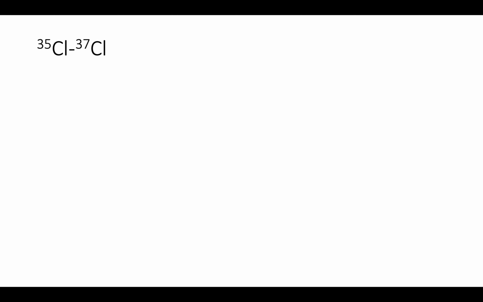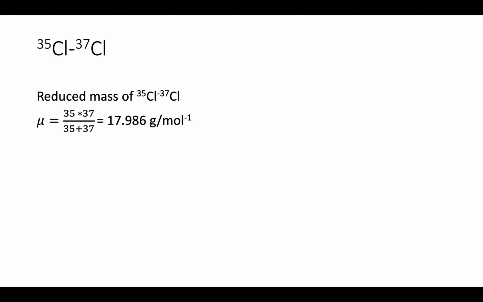Firstly, I'll look at the 35Cl bonded to 37Cl. I have to calculate the reduced mass of the 35Cl bonded to 37Cl, which is obviously very simple. M1 is 35, M2 is 37, making it 35 multiplied by 37 over 35 plus 37, making the answer here 17.986 grams per mole to the minus 1.